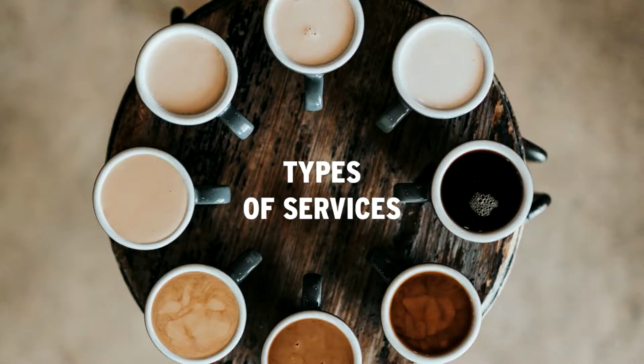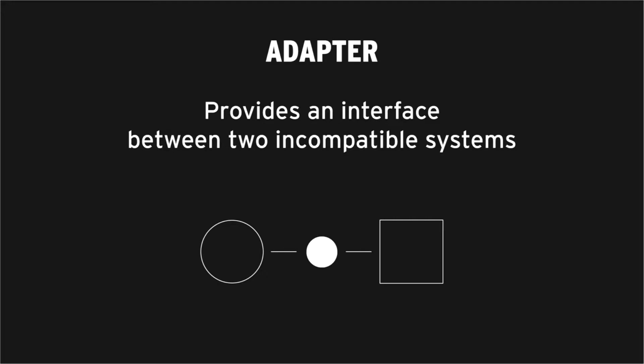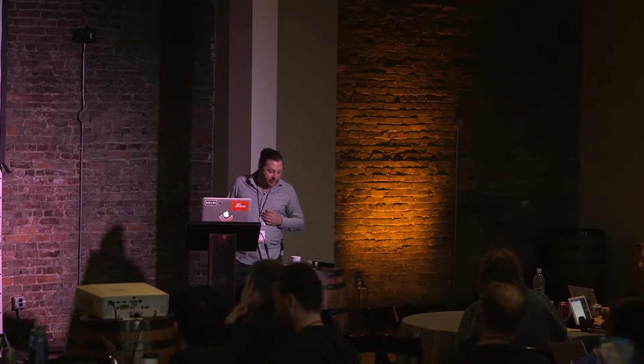So just a quick look at types of services, and this is not all inclusive, but these are some of the most common. So there's the adapter, and this really connects two incompatible systems together using a service. A really good example of that might be a payment gateway.